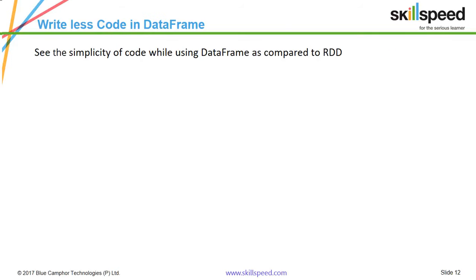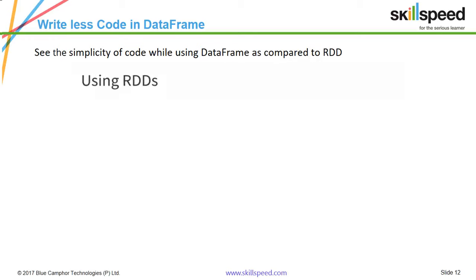Here is another example discussing how somebody should really use the concept of data frame. Let's say we have a structured data file, a text file, and we want to do some transformation and then collect the data. If I want to write Spark code, I first have to read the data into an RDD.